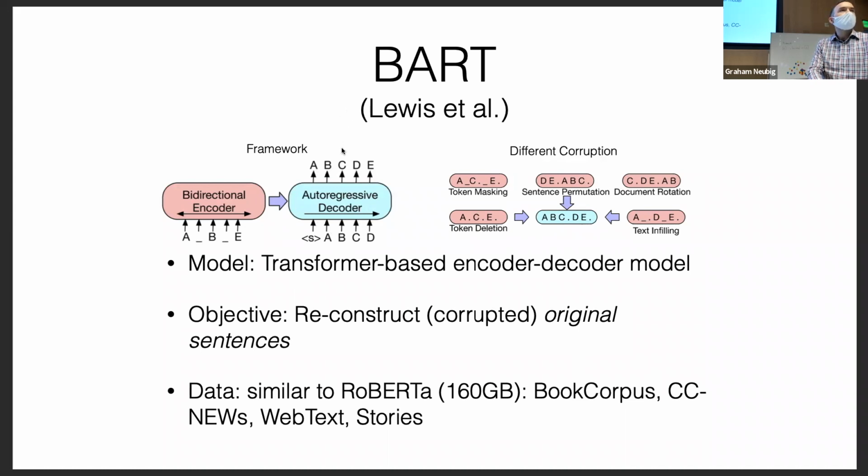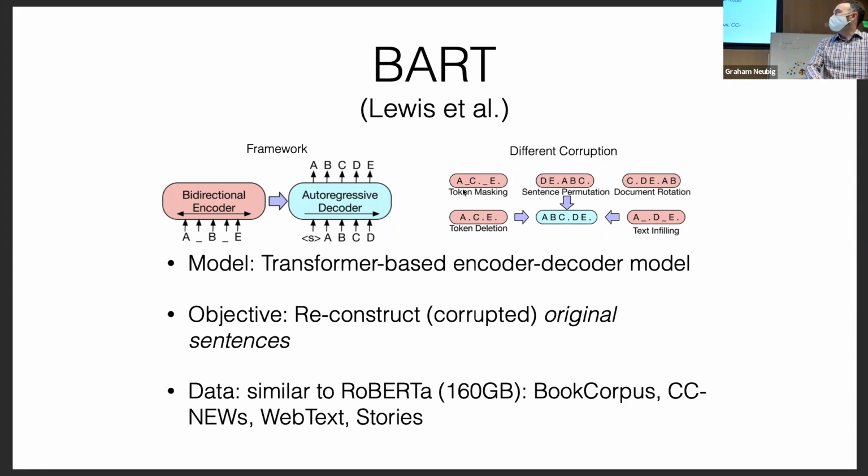Because of this, the decoder is always reconstructing good English, or, in the case of MBART, which I'm going to be talking about next time, good language in whatever language it's trained on. So this is particularly good for tasks where you want to generate language, because during pre-training the decoder is always being trained on good text.